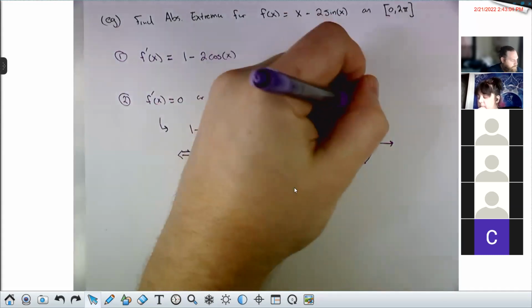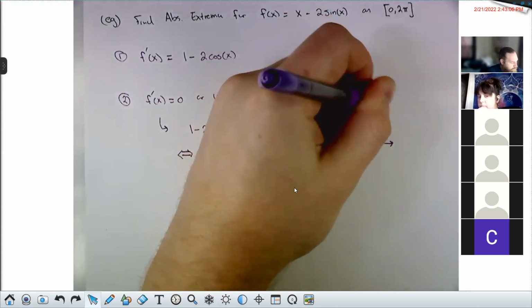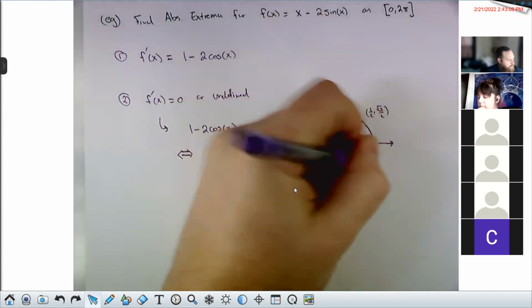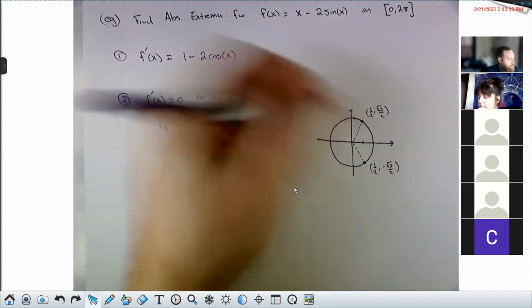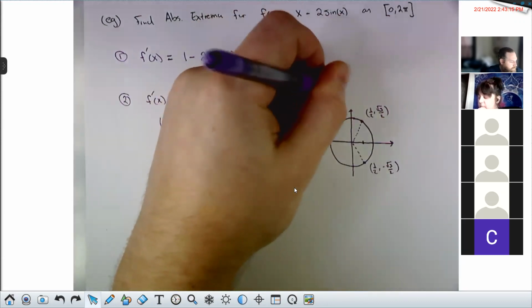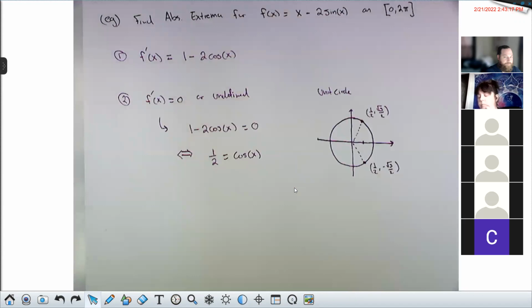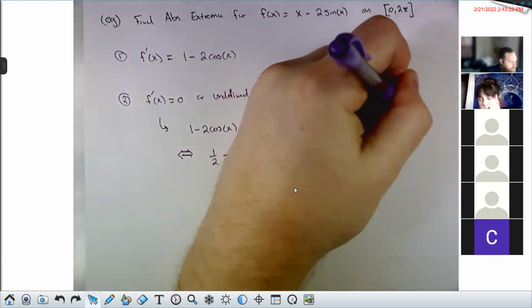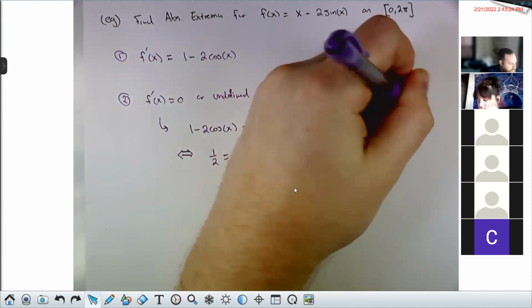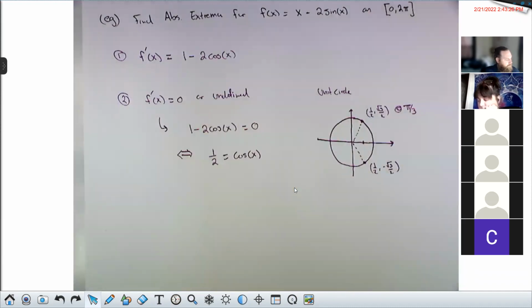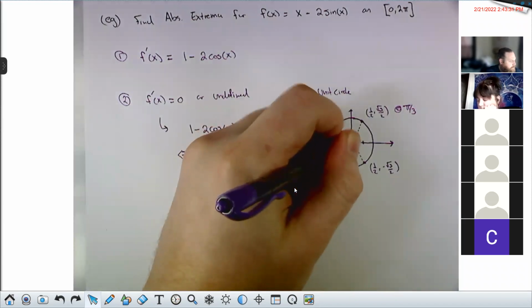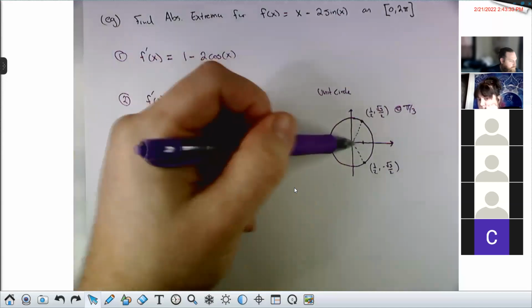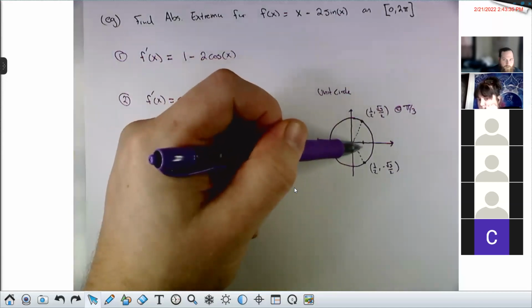The coordinates of these points are 1/2 comma √3/2 and 1/2 comma negative √3/2. This is the unit circle. So the angles associated with those here would be pi/3. And this guy, if you measure him down like this, that would be negative pi/3.